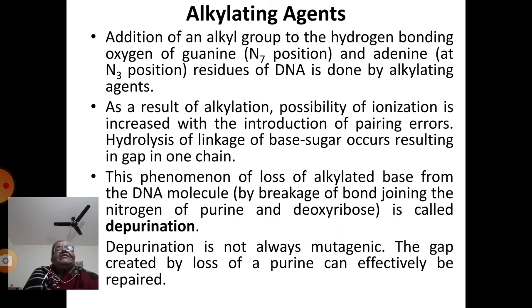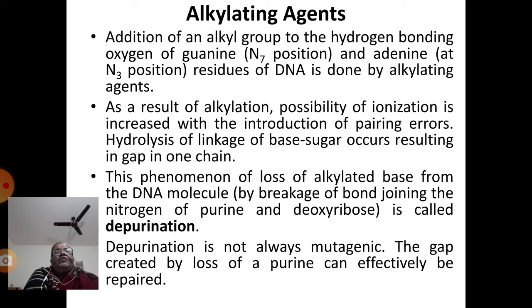As a result of alkylation, the possibility of ionization is increased, with the introduction of pairing errors. Hydrolysis of the base-sugar linkage occurs, resulting in a gap in one chain. So this phenomenon of loss of the alkylated base from the DNA molecule is called depurination.